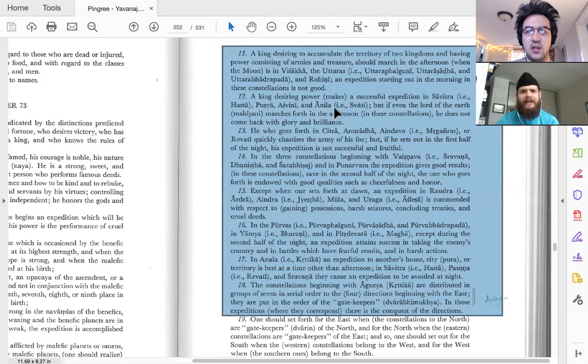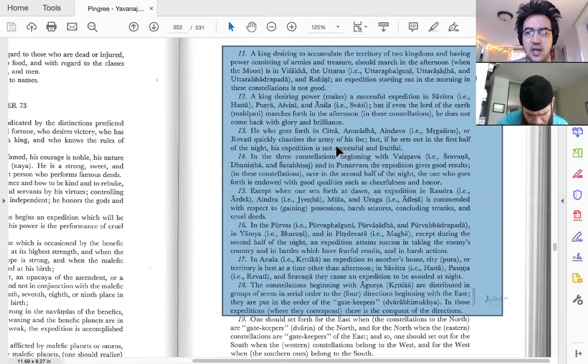Swati says Anila. Maybe they kind of change. Mrigashira, what does it say there? Aindava. Mrigashira is the moon, which would be Soma. Apparently they kind of changed. But Rudra and Ardra is the same. Rudra and Ardra, that's of course Shiva, yeah.